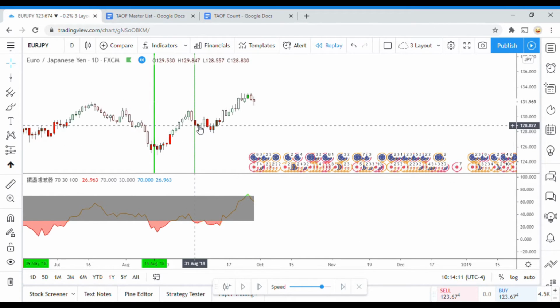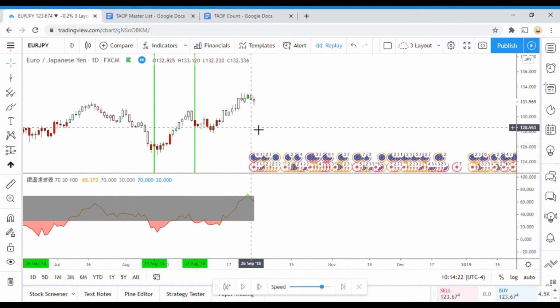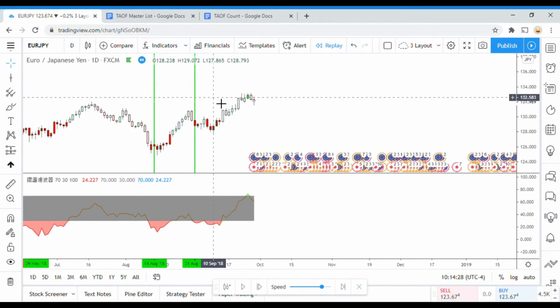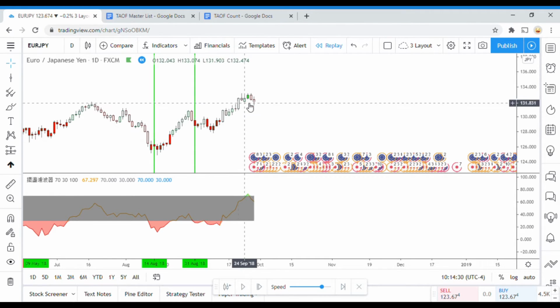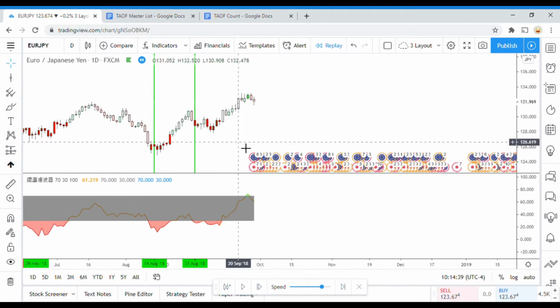That is the advantage of having something that filters out these ranging markets where you're not just flipping from a short to a long. It gives it a little bit of breathing room instead of just immediately flipping from a short trade to a long trade, stopping you out just to go short and go in the direction that you first wanted it to go in.